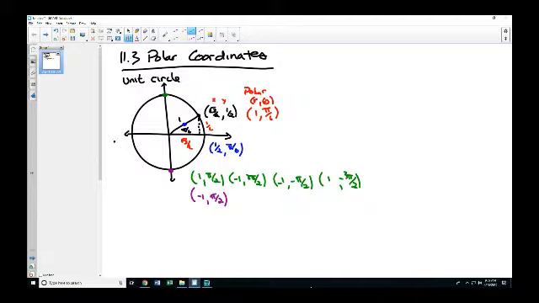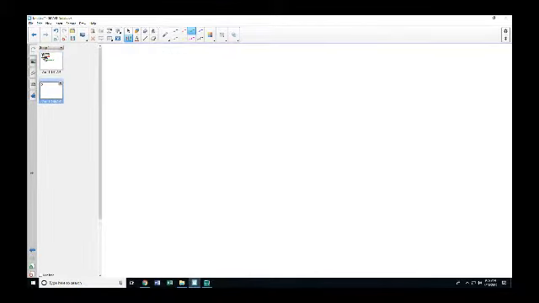How would I change from polar to rectangular? Put r in terms of x.